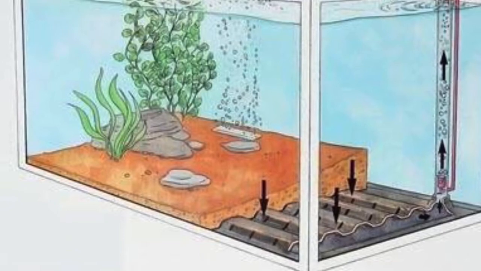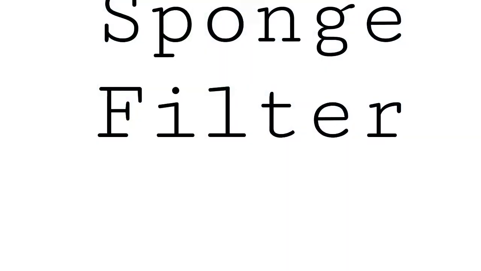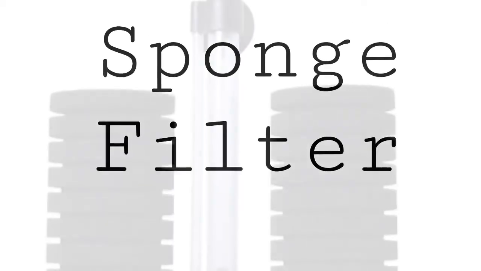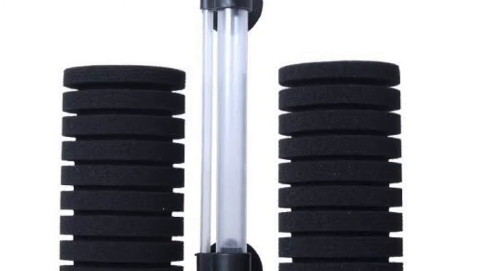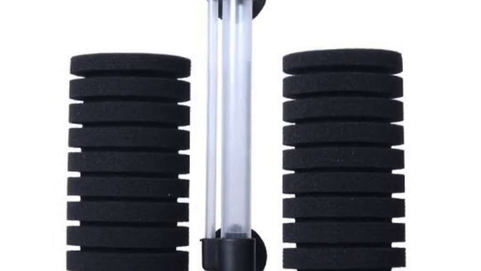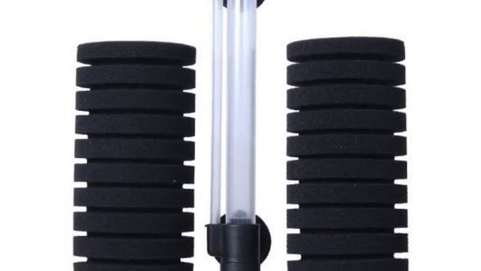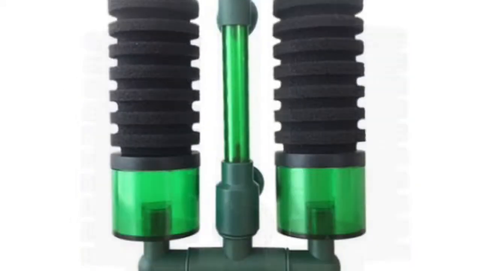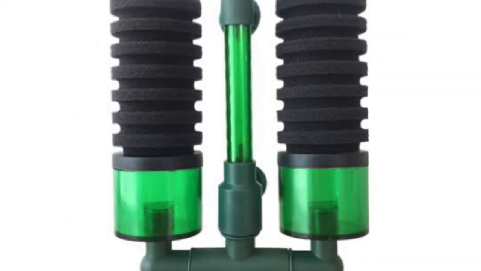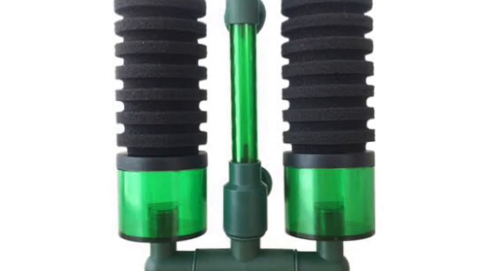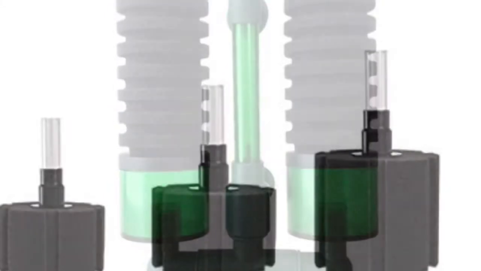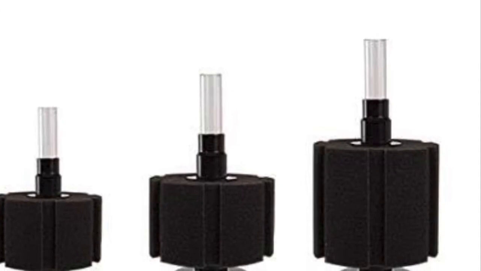Fourth in the list we have the sponge filter. Sponge filters and corner filters, sometimes also called box filters, work by essentially the same mechanism as an internal filter, both generally working by airlifting, using bubbles from an air pump rising in a tube to create water flow. In a sponge filter, the inlet may only be covered by a simple open cell block of foam. A corner filter is slightly more complex.